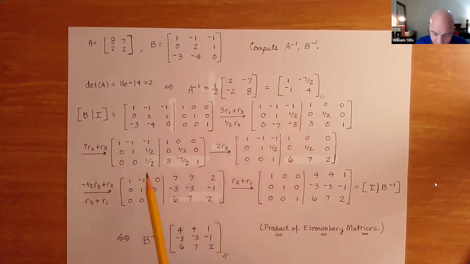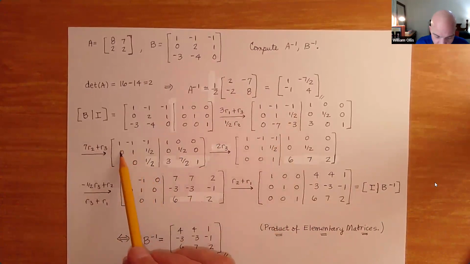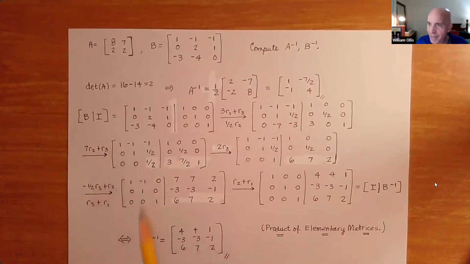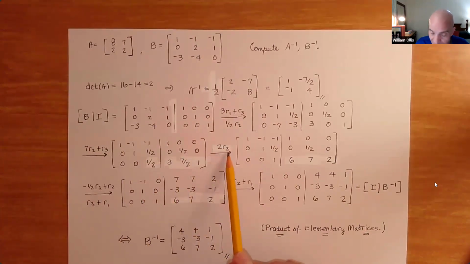Now, when you look at this, you're thinking 1, 0, 0, 1, 0, that's good. We need a 1 here, we need a leading 1, so we can get that by just multiplying by a 2. So notice row 3, as I've notated here, we multiply by 2.